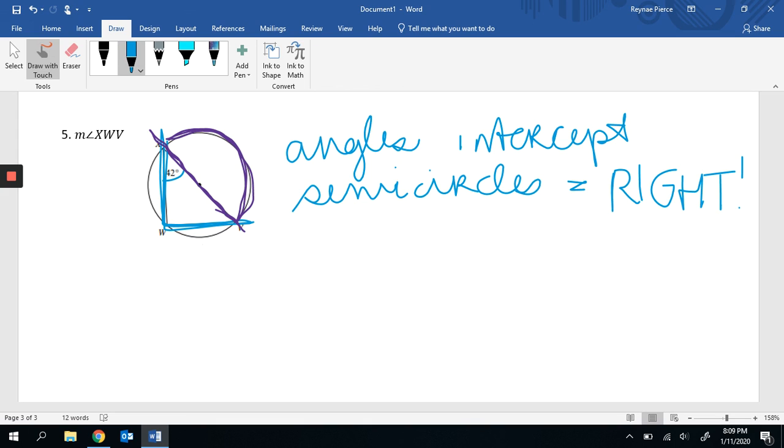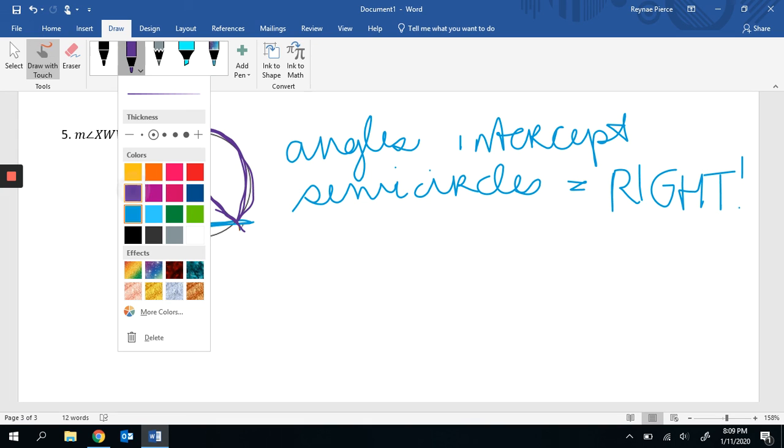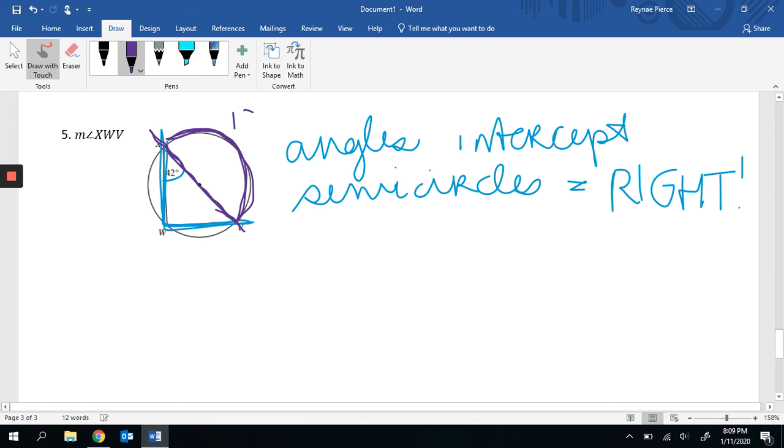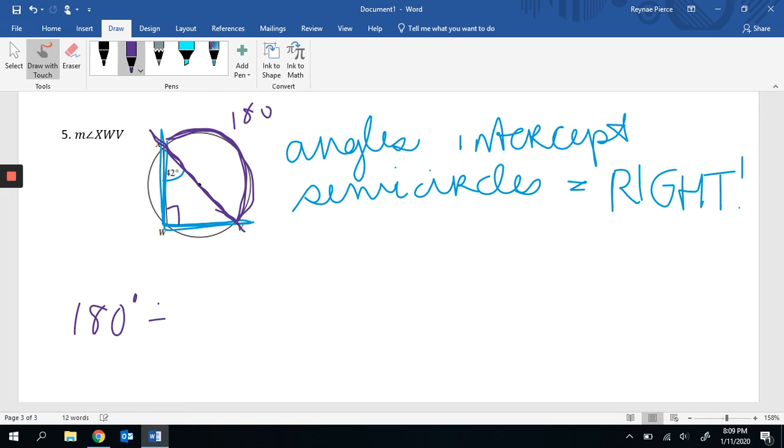If you think about it, semicircles are 180 degrees. The angle is always half of the arc that it intercepts if it's an inscribed angle. So 180 divided by 2 is 90 degrees. So the measure of angle XWV is 90 degrees.